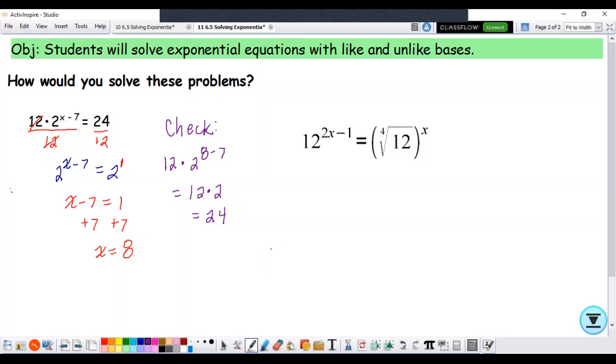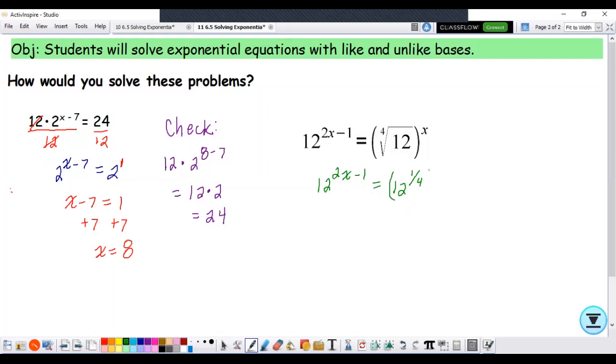Now there's a couple of things we need to do with this one on the right. I see they both have a 12, but on the right side here, we have a radical expression. So we need to write that radical expression so that it has a rational exponent. So we have 12 to the 2x minus 1 will equal 12. Remember, the index of your radical is your root. So this becomes 1 over 4.